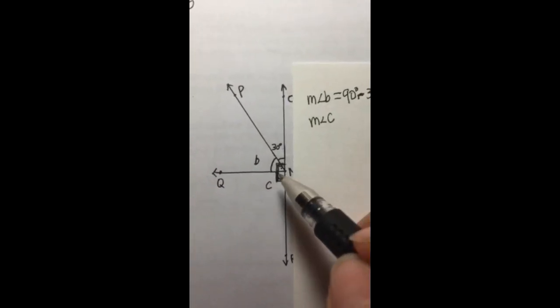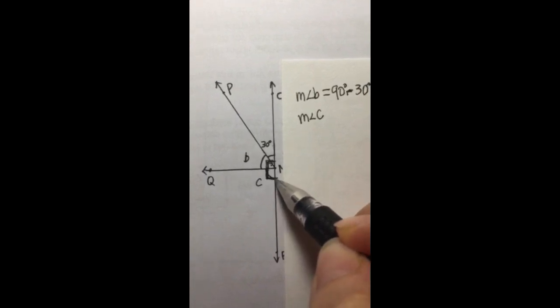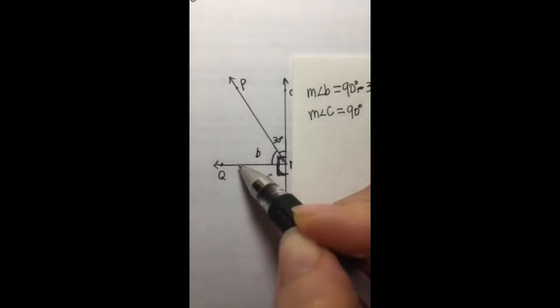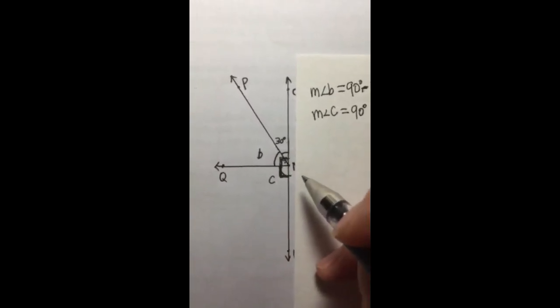All right. Now, measure of angle C. It's pretty clear to us that it's 90 degrees because it is just the other right angle that the perpendicular lines form.